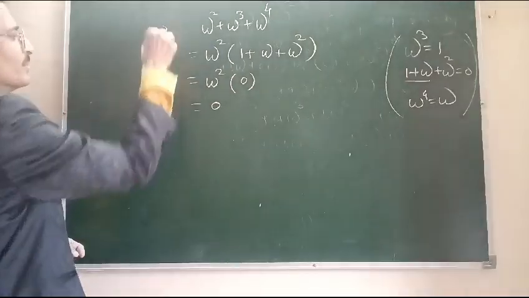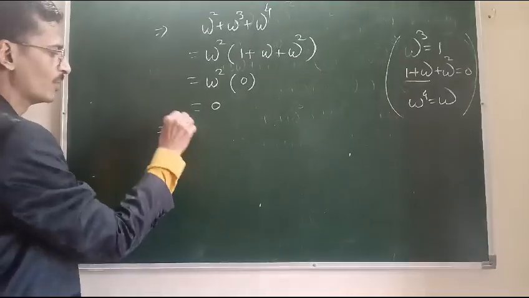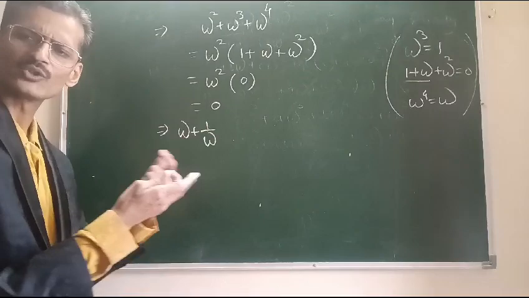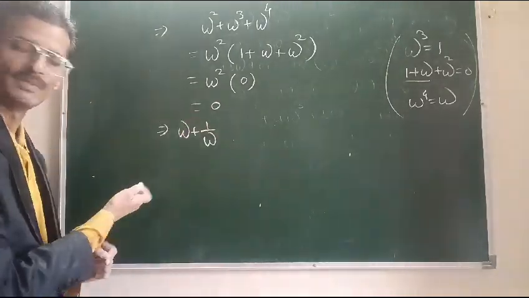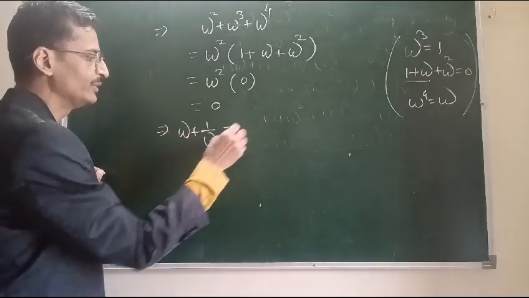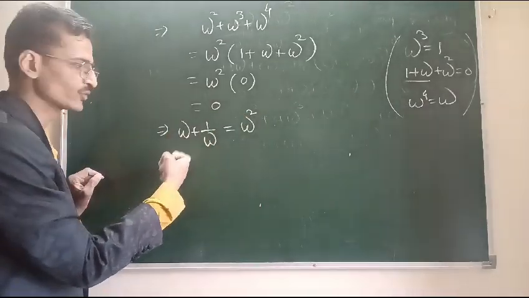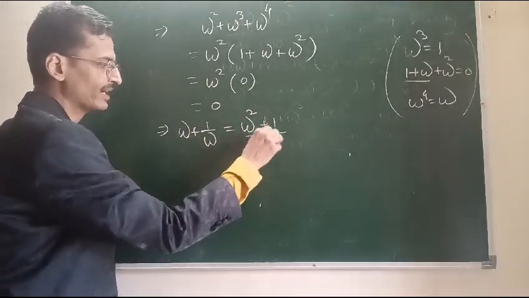Okay. Now suppose the next question is: find the value of omega plus 1 upon omega. So again we can solve by different methods, but the simple method is to solve by cross multiplication. So omega into omega is omega square. Here upon 1 is there, so 1 into 1 is 1, upon 1 into omega, omega.